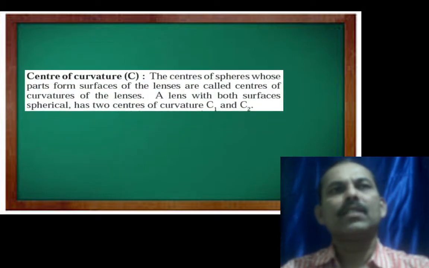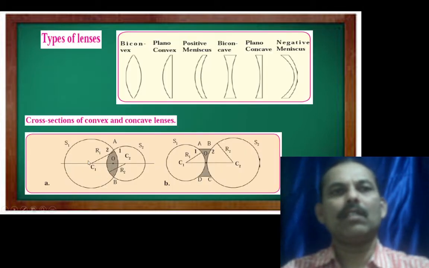First, center of curvature. Centers of spheres whose parts form surfaces of the lenses are called centers of curvature of the lenses. A lens with both surfaces spherical has two centers of curvature, that is C1 and C2.